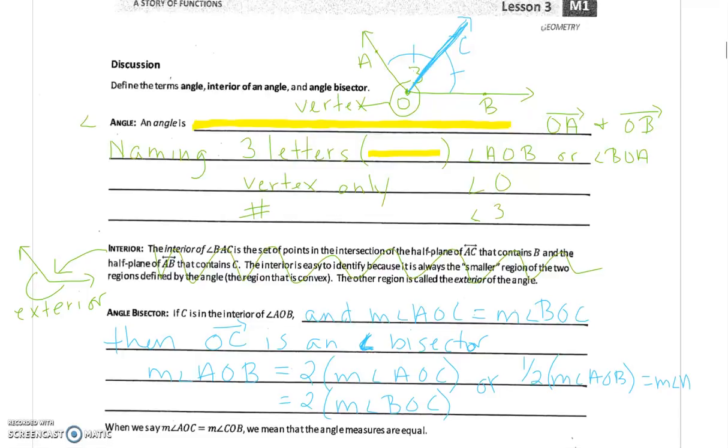Measure of angle AOC. And you could also put in here measure of angle BOC. Okay? Alright, so if you have questions about the angle bisector and the equations that I wrote, you just need to ask.